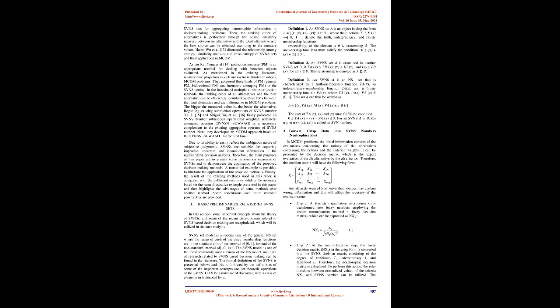IFSs and IVIFSs can handle incomplete information. However, in real decision-making, decision information is often indeterminate and inconsistent. As such, it cannot be dealt with by IFSs and IVIFSs. Therefore, Smarandache [1, 2] originally introduced the concept of Neutrosophic sets, NSs, largely from a philosophical point of view.